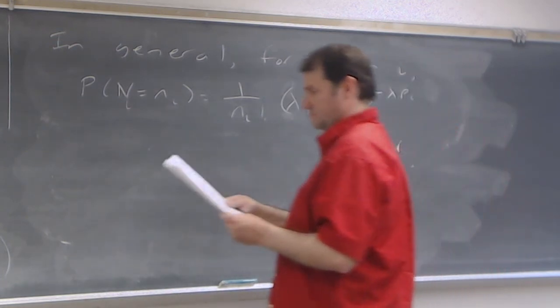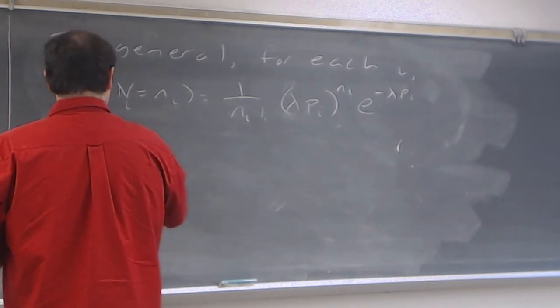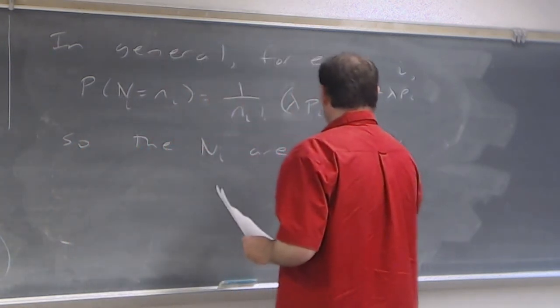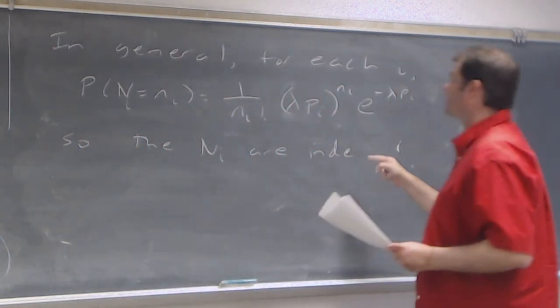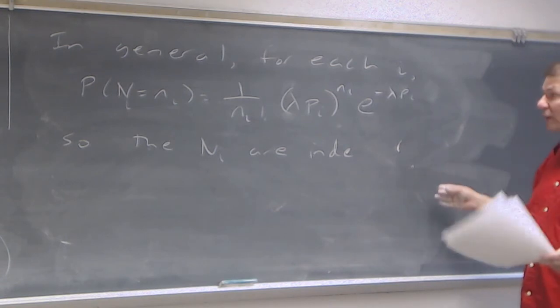Okay. So that gives that the n sub i's are independent because the multiplication of the PMFs of each one of them equals the joint PMF.